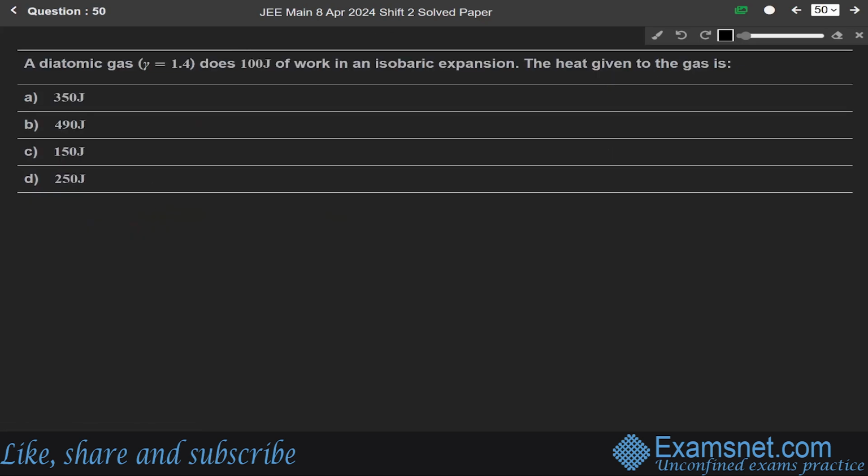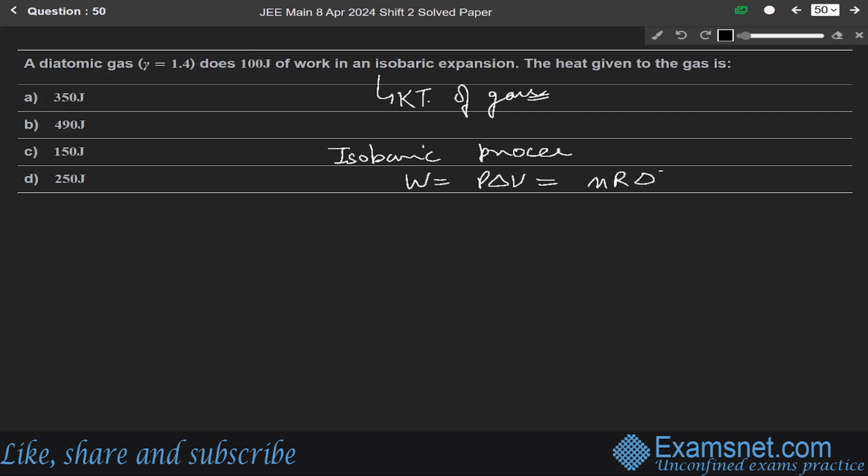Now 50th question. A diatomic gas whose adiabatic constant, gamma, is given as 1.4 does 100 joule of work in an isobaric process. The heat given to the gas is. So this is from the chapter of kinetic theory of gases. We know that for isobaric process, work done equals P into delta V, and it will be equal to nR delta T from ideal gas equation, and it is given as 100 joule.